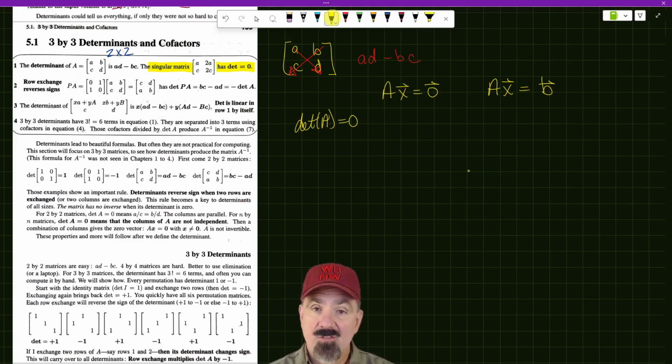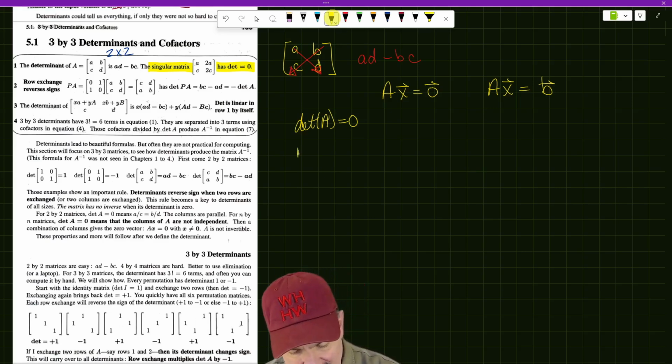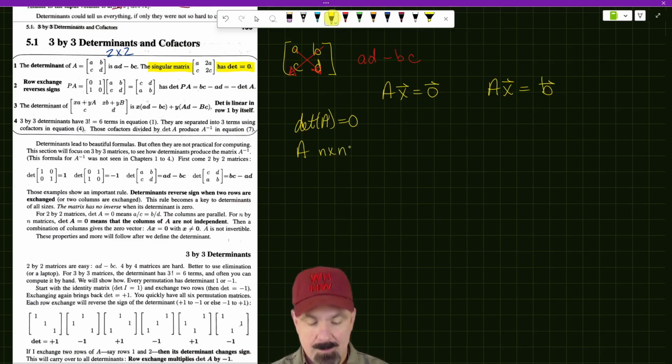So a couple things. First of all, we know we're talking about square coefficient matrices. So in this case, A is n by n. It's a square matrix.